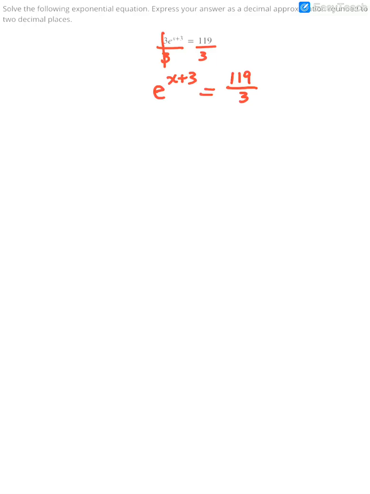So now we're ready to put it in log form. And again, since the base e is being used, I'll have to spell it as ln. It's understood to be a base e, but you can show it there if you want. My power goes over here by itself, and then the 119 divided by 3 would go here. So now we are trying to get x by itself, so we will subtract 3 on both sides.